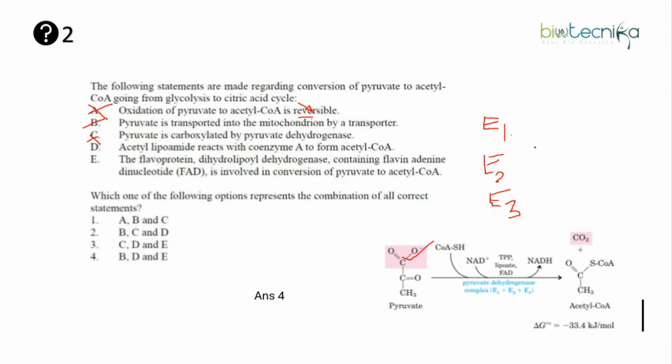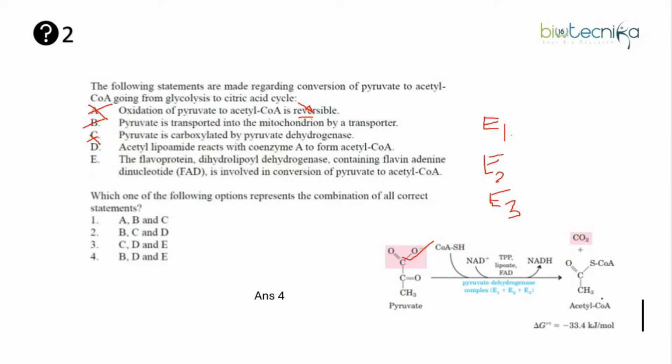The acetyl group is then transferred in thioester linkage to one of the thiol groups of the reduced lipoyl. So E2 catalyzes the transfer of the acetyl group to coenzyme A, and as a result you get acetyl CoA.